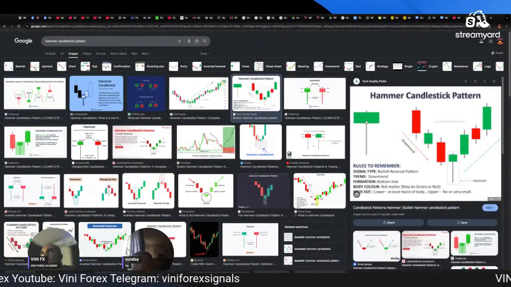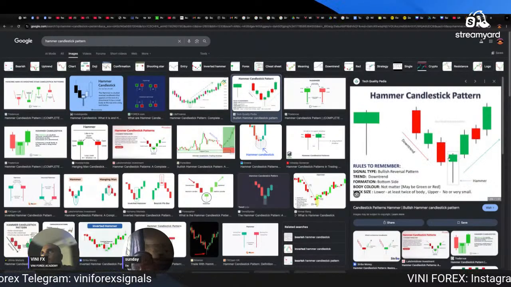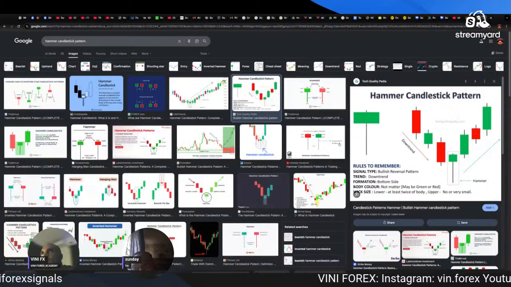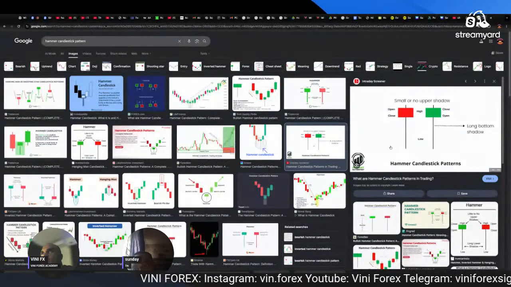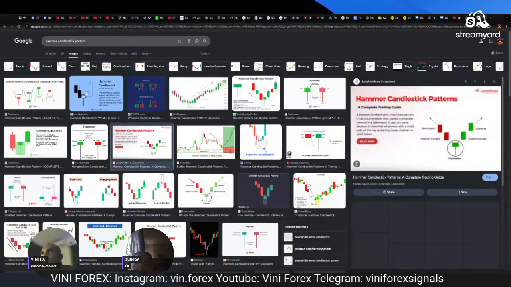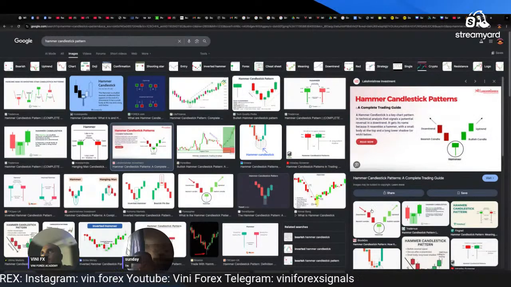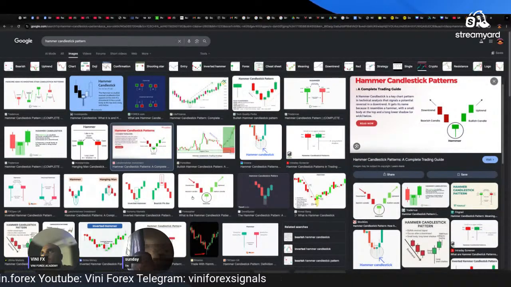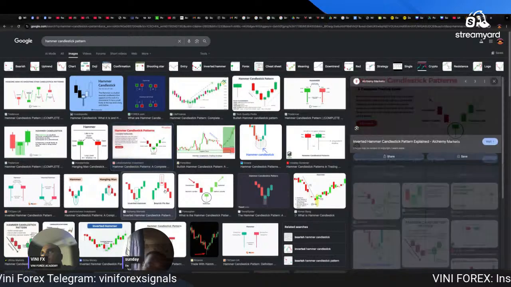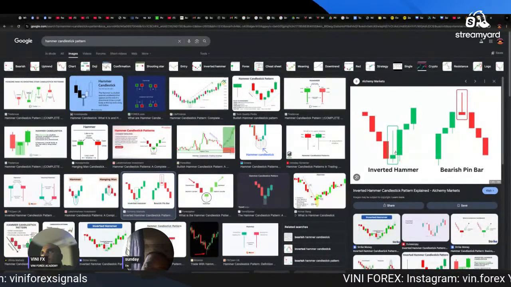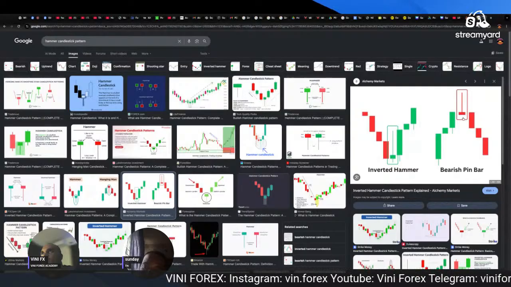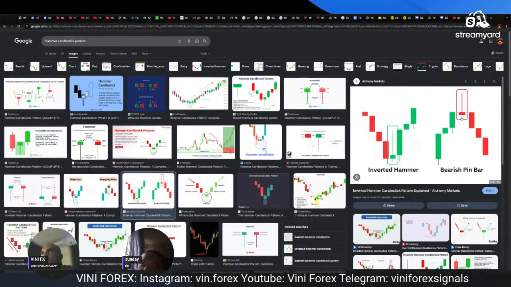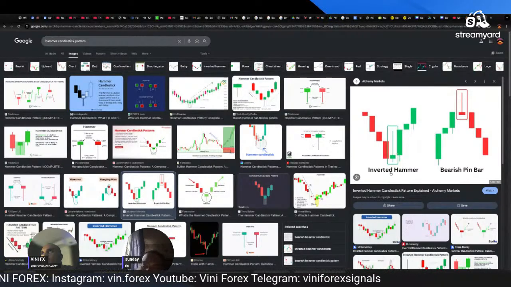Look at them also, like a hammer. You see it here in a chart. This is a hammer. See them here also. This is also a hammer, an inverted hammer, and this is a hammer. Perfect.